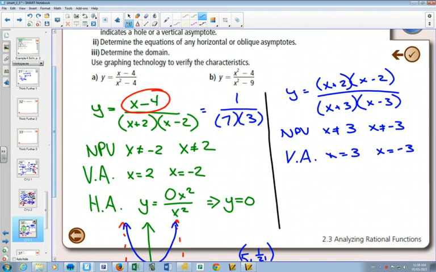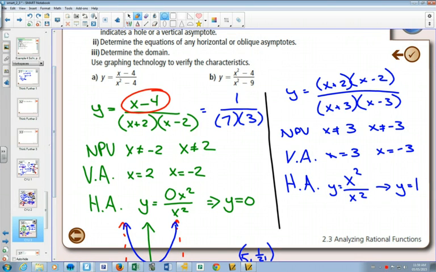If we look at the highest powers to find out if we have a horizontal asymptote, the highest powers are x squared on the top and we have an x squared on the bottom. That simplifies to just 1. So we have a horizontal asymptote at 1 and we have no oblique asymptotes.